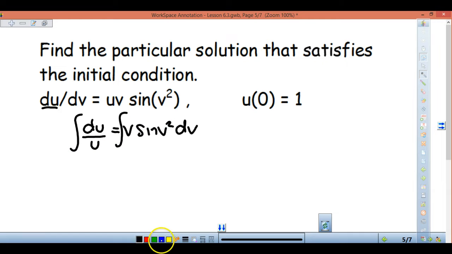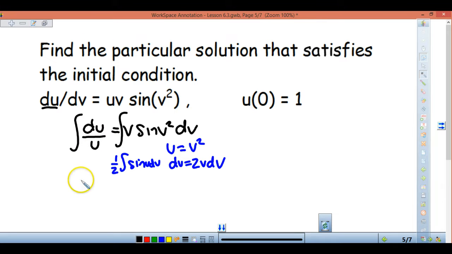Okay, so the v side this time is going to have a small substitution. Okay, I have the v, but I don't have the 2, so it is going to be a 1/2. All right, so on this side, I want to integrate the du over u, so natural log the absolute value of u.